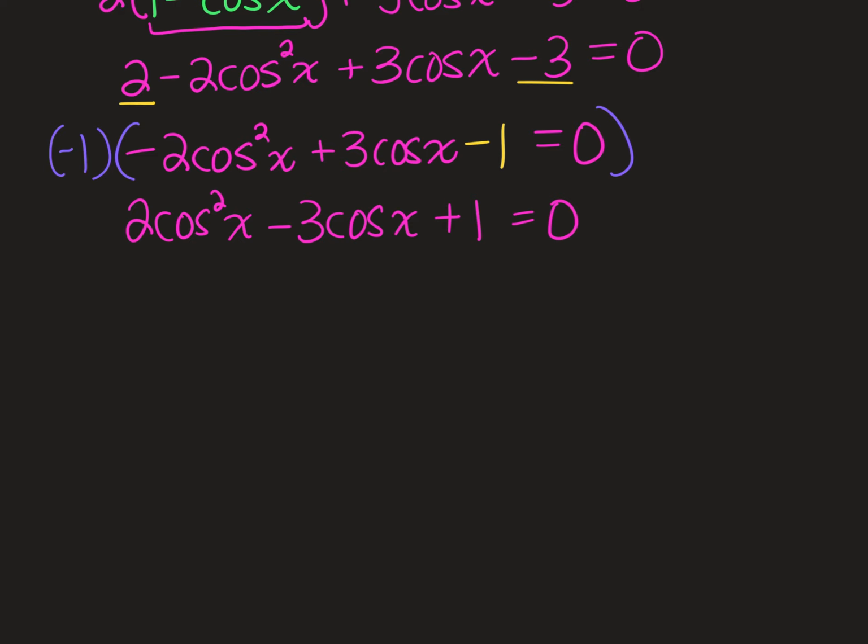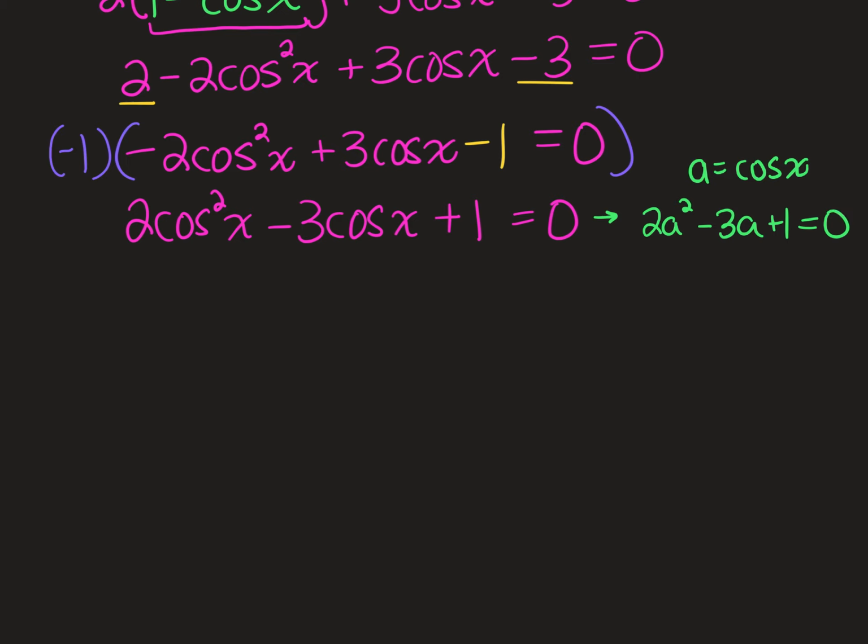So if you prefer to rewrite everything with an a instead of a cosine, that's great. I will do that. You do not have to, but if I were to rewrite this, maybe I call a cosine, in which case I have 2a squared minus 3a plus 1.